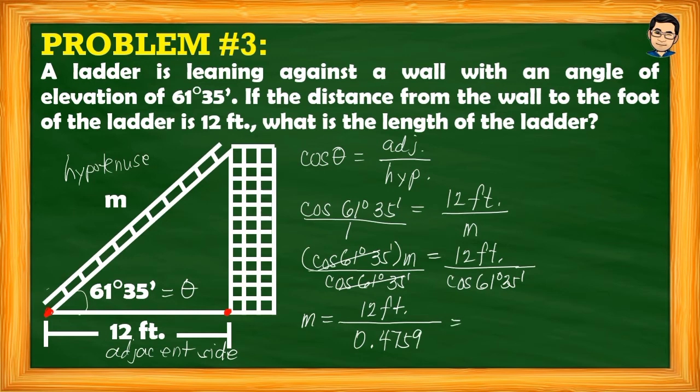So, diretso lang natin sa calcu, pwede naman: 12 divided by cosine 61 degrees and 35 minutes. And then, ang lilitaw pong sagot is 25.22 feet. Okay, so ni-round off natin yung sagot to the nearest hundredths. So, ibig sabihin po, yung haba ng ladder is approximately equal to 25.22 feet.